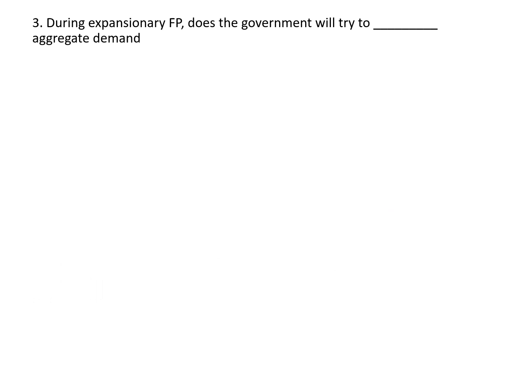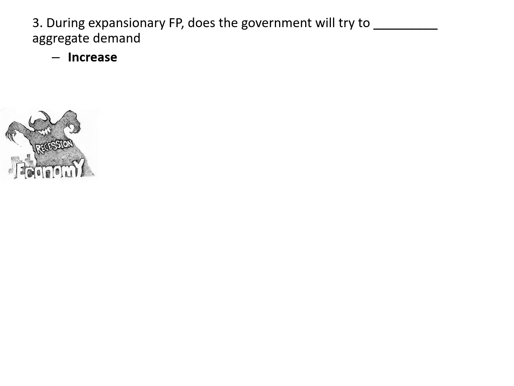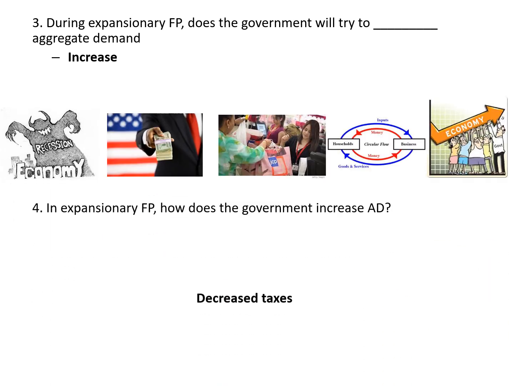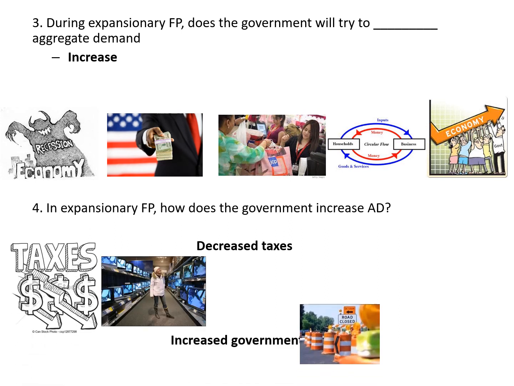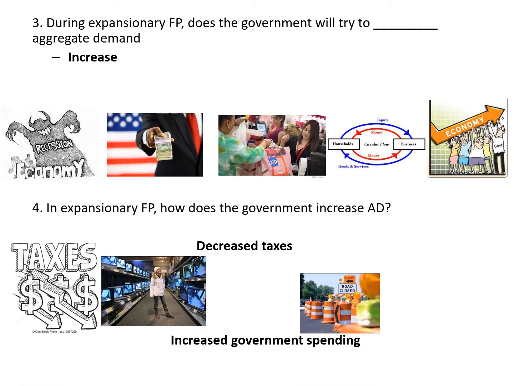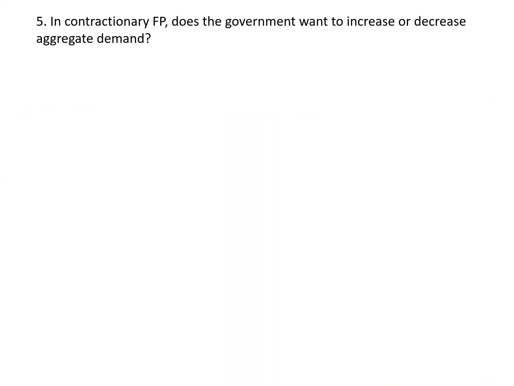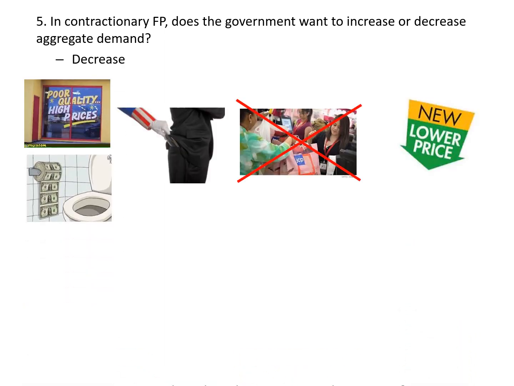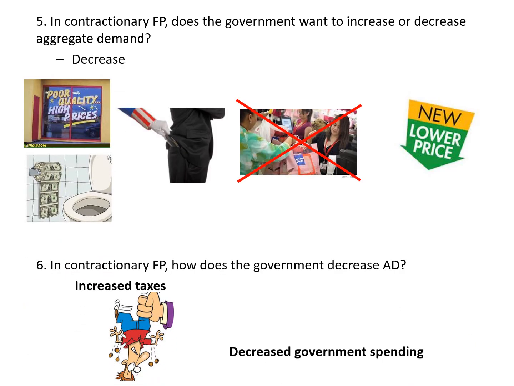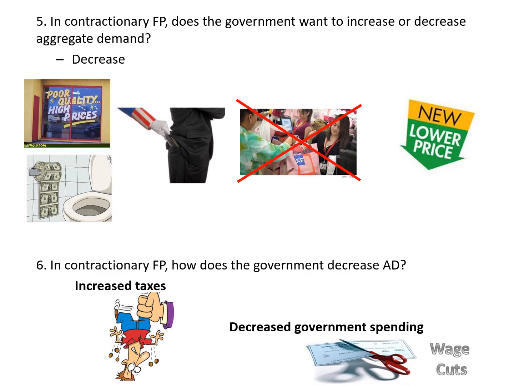During expansionary fiscal policy, you're trying to grow the economy, so you will try to increase aggregate demand. In expansionary fiscal policy, you do that through decreasing taxes, so people have more money to spend, and increasing government spending, so more money out there for jobs. Contractionary, the opposite: you decrease demand, and you increase taxes, and you decrease government spending.